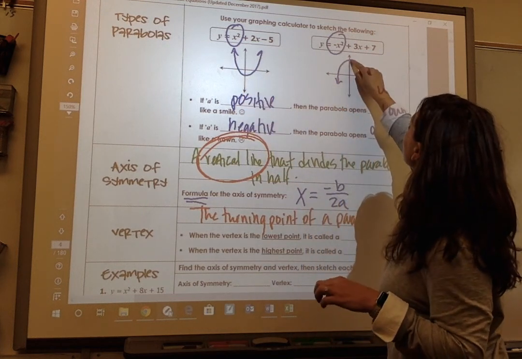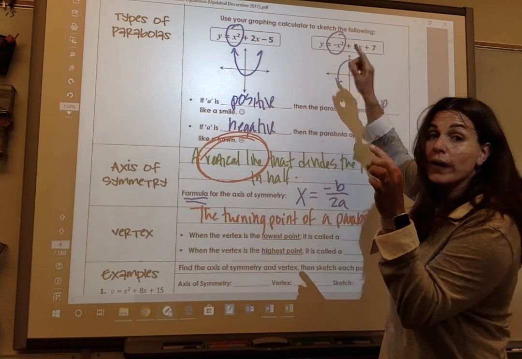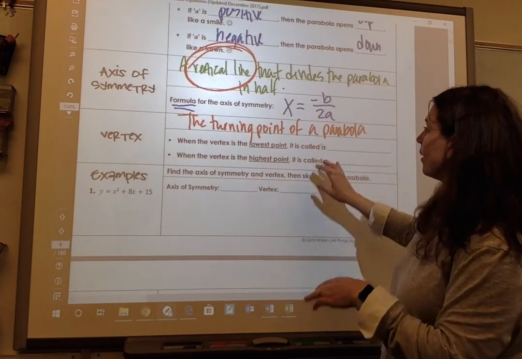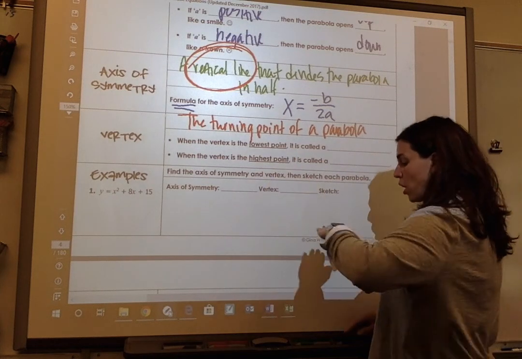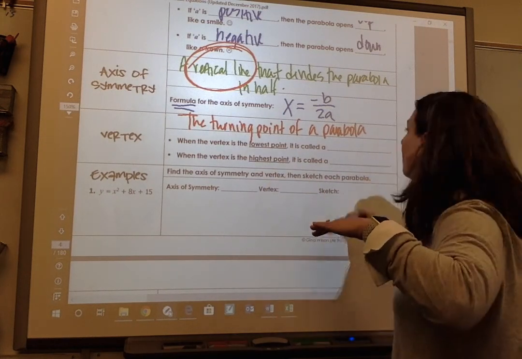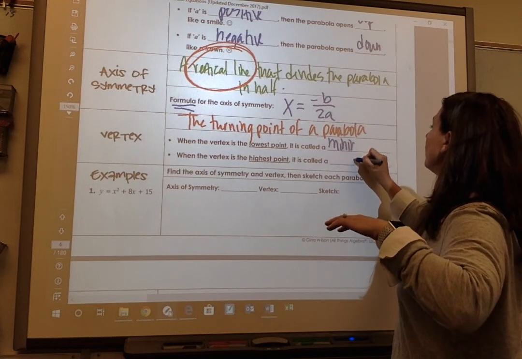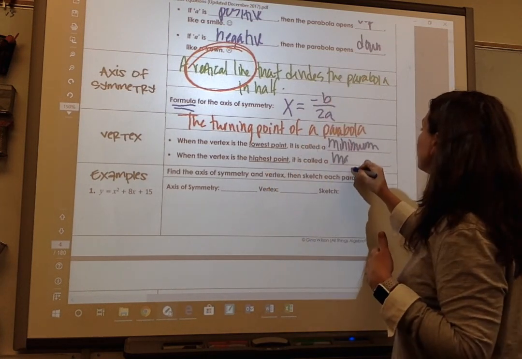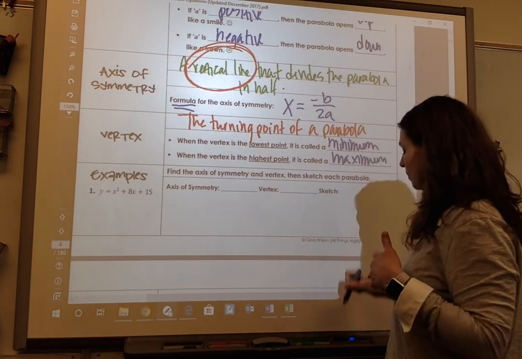Here it goes up, up, up, and then it goes down, down, down. So at what point does it make that shift between going up and down or down and up? When the vertex is the lowest point, it's the minimum. And what is the vertex at the highest point? It is the maximum.